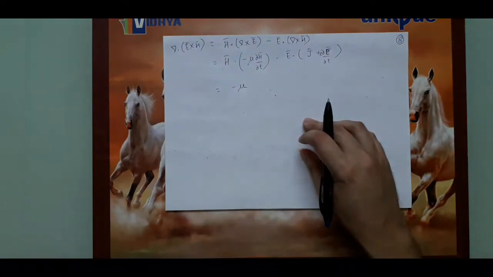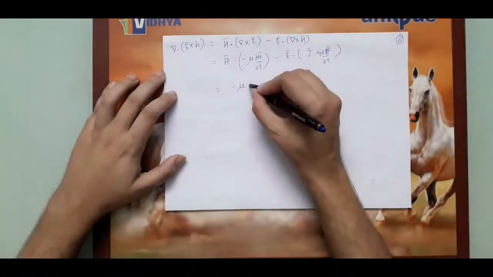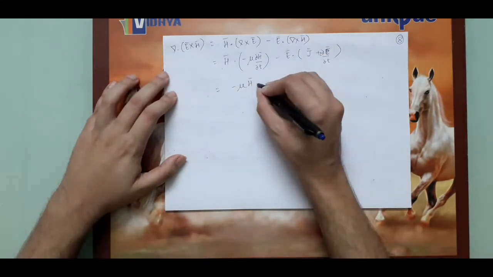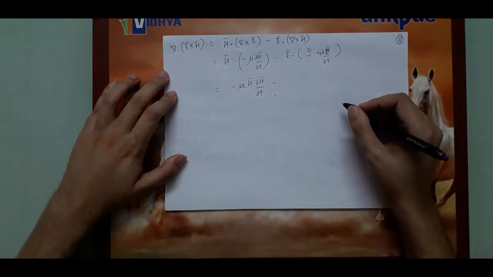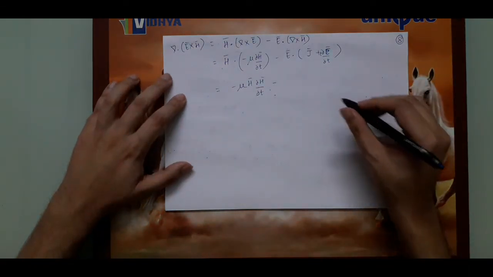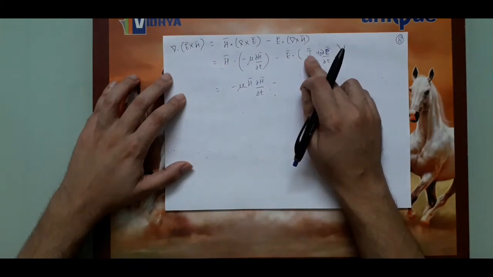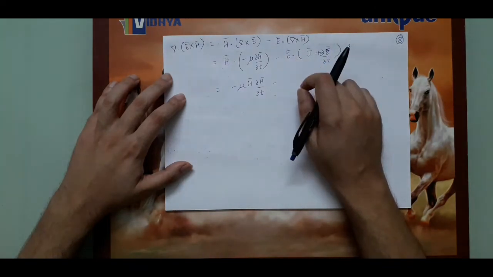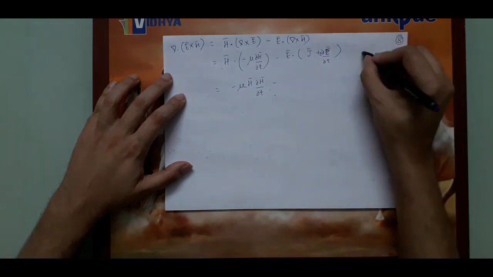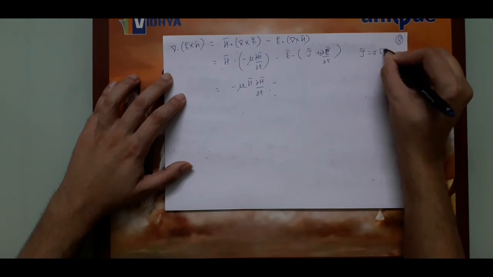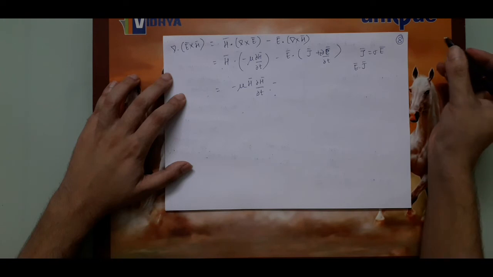Now since it is a scalar quantity, we are having dot products, we can write it this way: mu H del H by del T minus, if I open up the bracket, I can substitute J as sigma times E. So if I write J as sigma times E, then the dot product of E and J will be what?